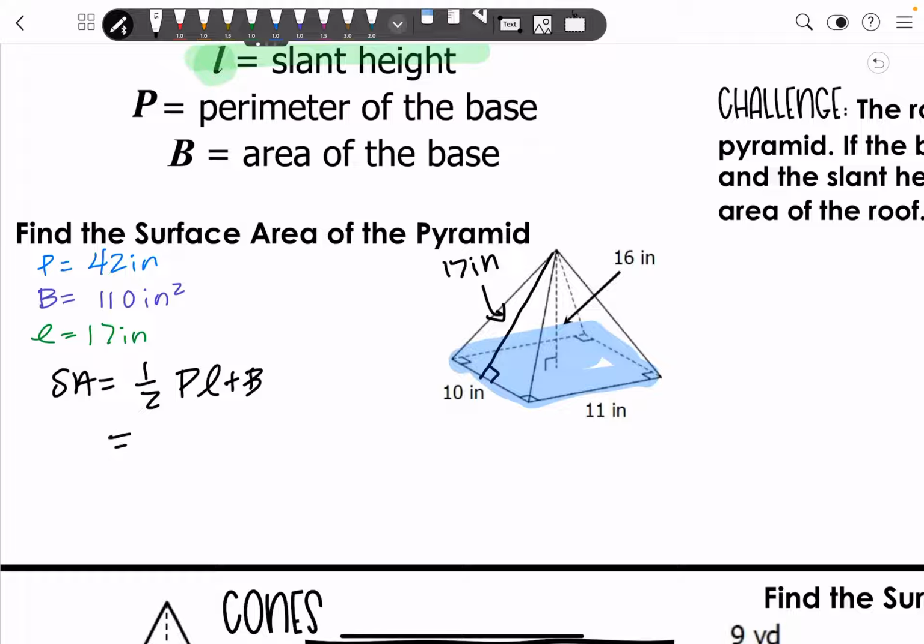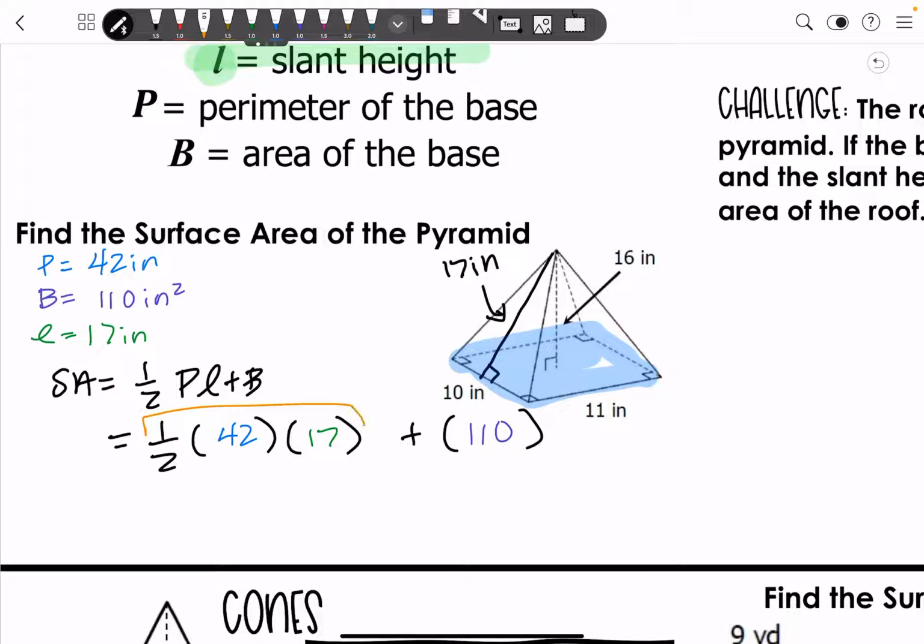So 1/2 times your perimeter times your length plus the area of your base. And I am color coding just so it's easier for you guys to see this and understand. And then you're going to plug that into your calculator.